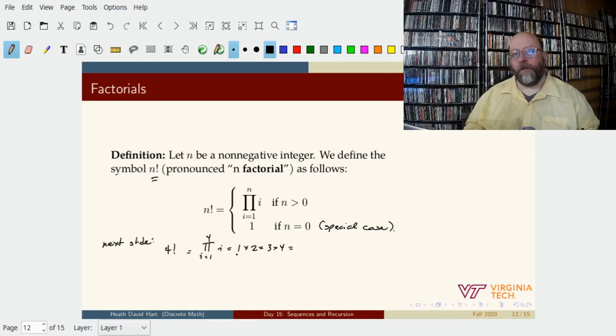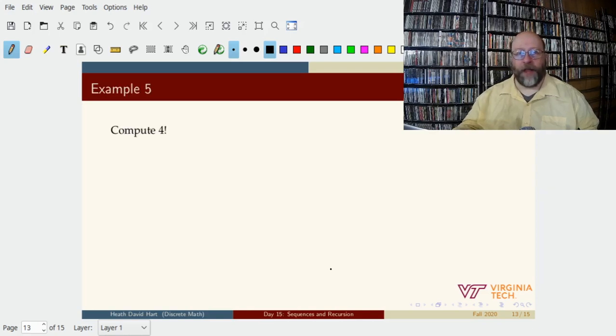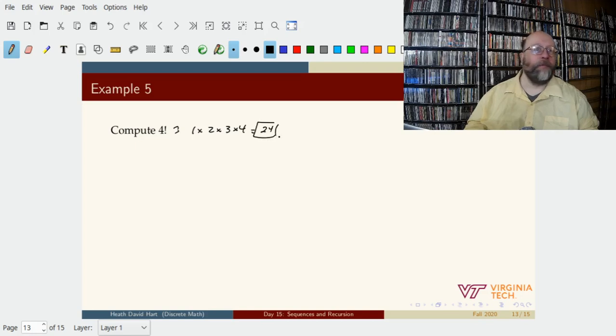And that's 1 times 2 is 2, 2 times 3 is 6, 6 times 4 is 24. And so that's the answer on the next slide. Compute 4 factorial. That's 1 times 2 times 3 times 4. And that's 24.